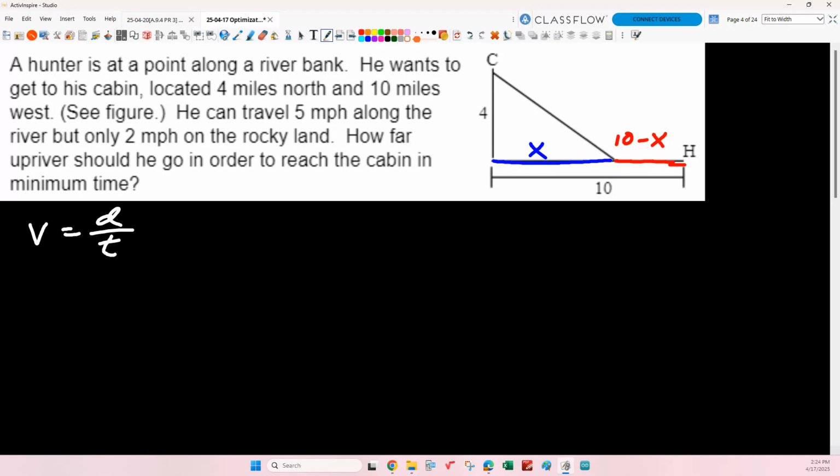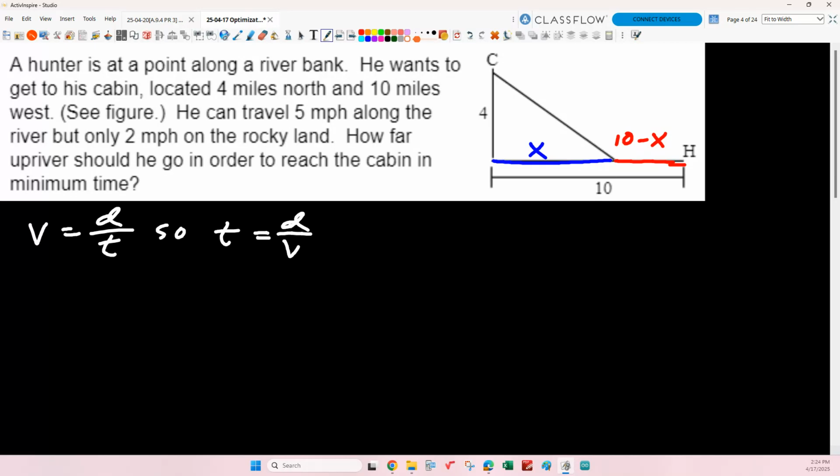Now we're trying to minimize time, right? So we'd want to solve that relationship for t. So what would t equal? Yeah, distance over velocity, right?